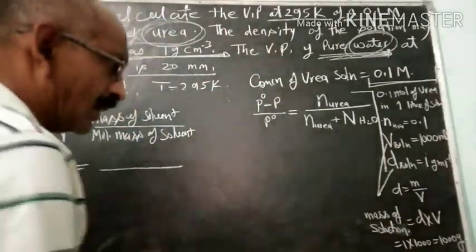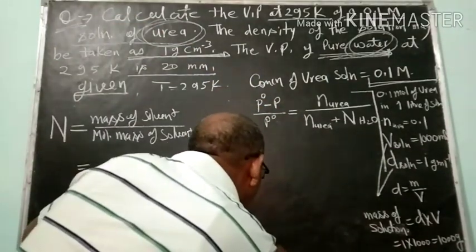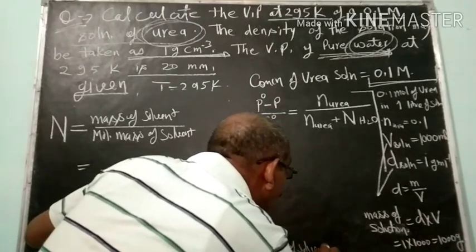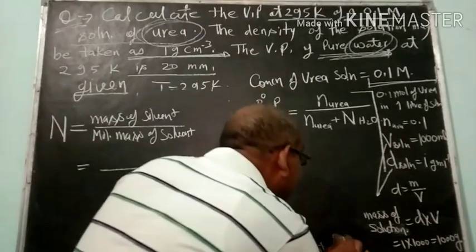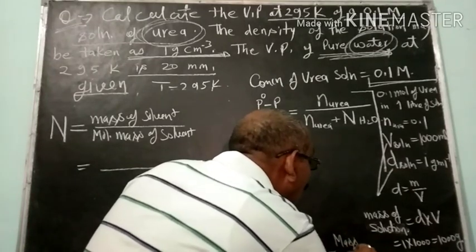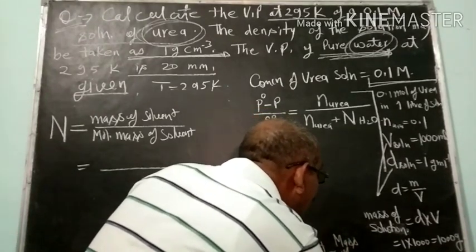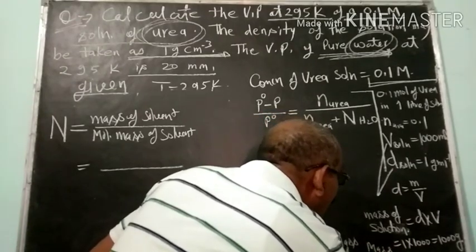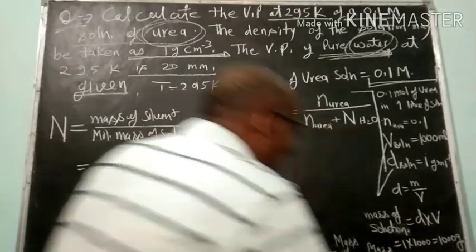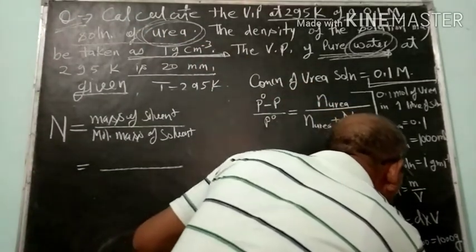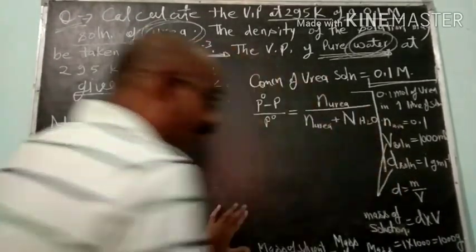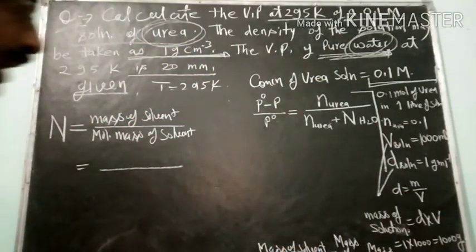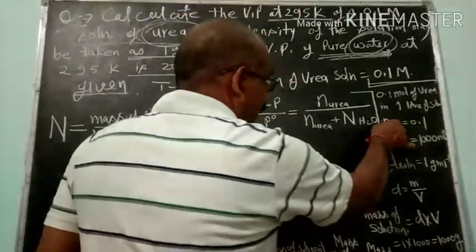So the mass of solvent can be calculated as mass of solution minus mass of urea. The mass of solution is how much? 1000, minus the mass of urea, which we have to determine. So what mass of urea is dissolved here? See here.